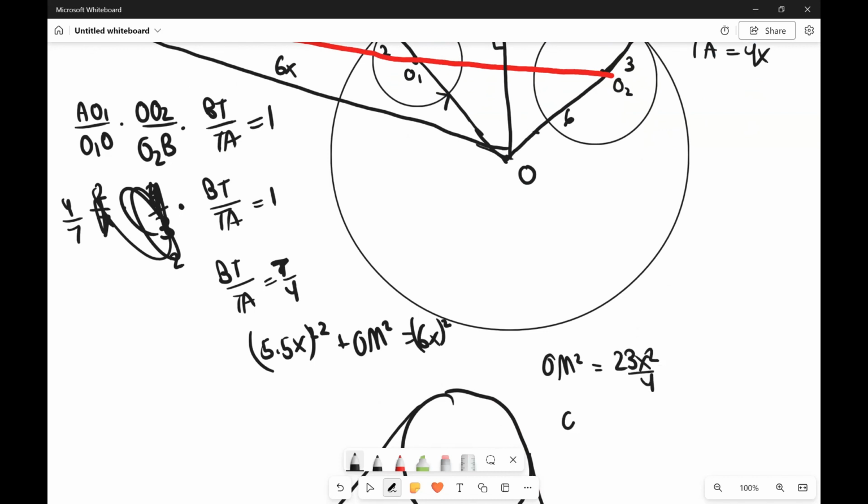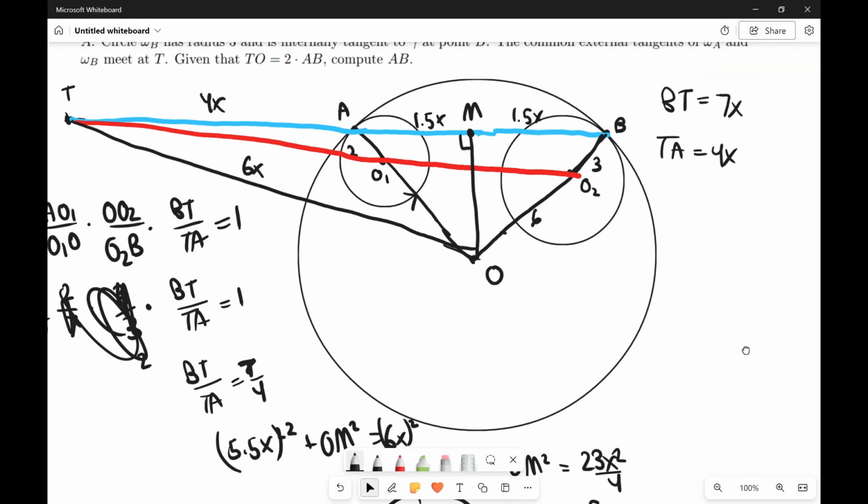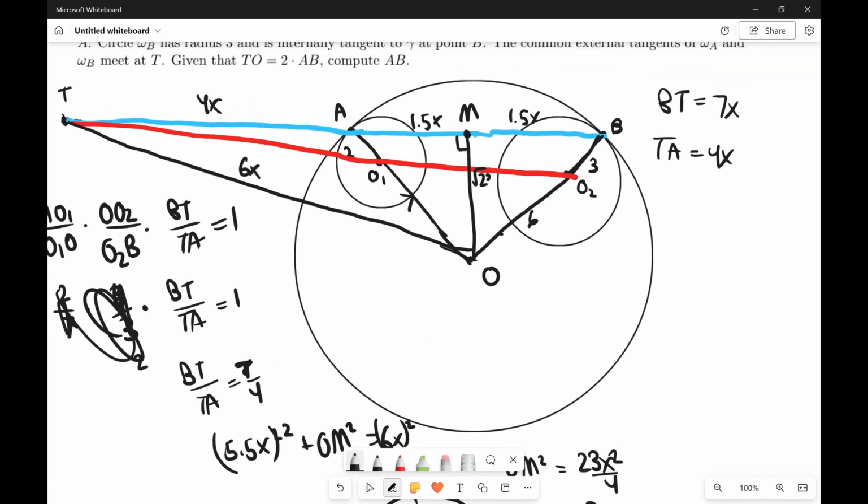And so OM is equal to root 23 over 2 times x. So we can go ahead and add that to our diagram. All right. Now we have length AO as well. That's equal to 9, so we can again use that.